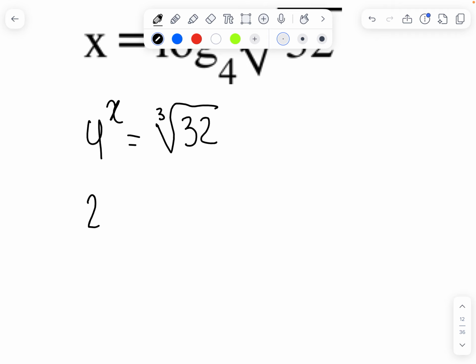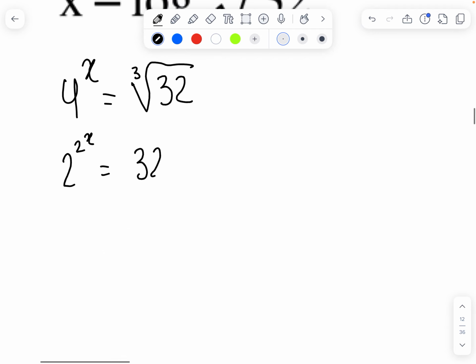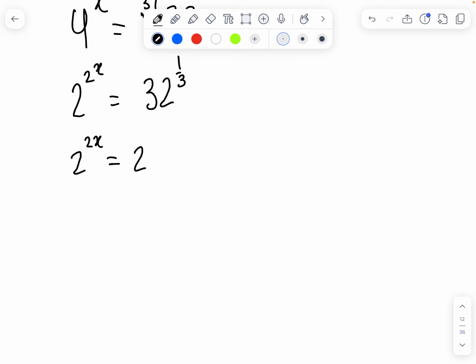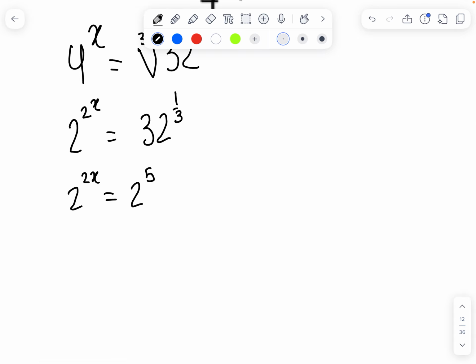So this becomes 2 to the power of 2, to the power of x, and this becomes 32 to the power of 1/3. So this becomes 2 to the power of 2x equals 2 to the power of 5, to the power of 1/3.